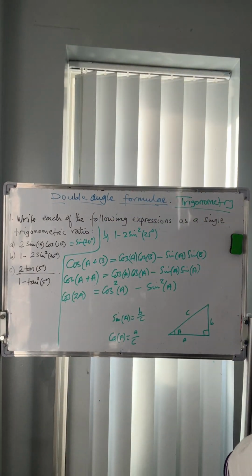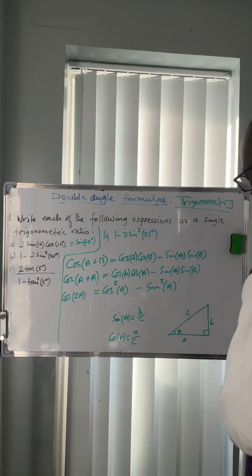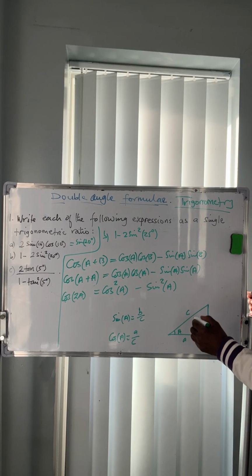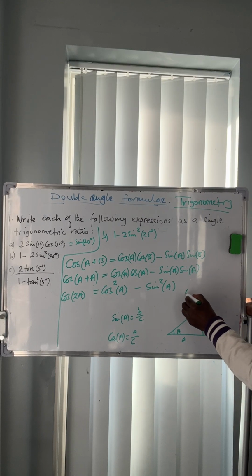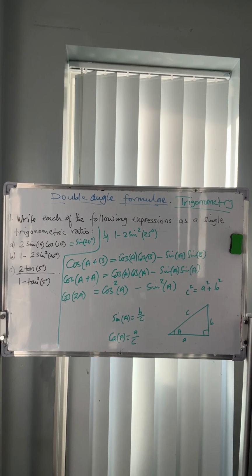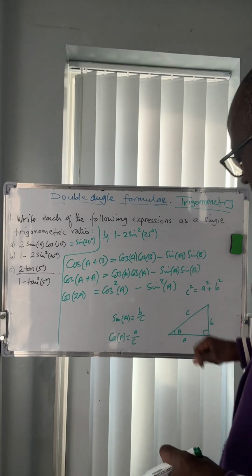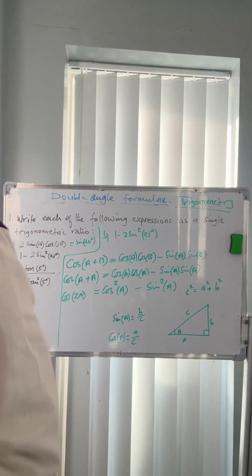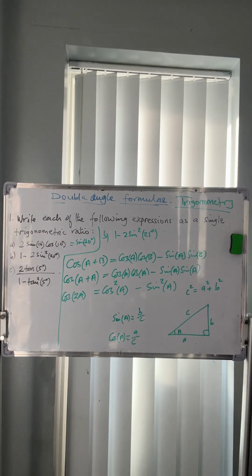We also know that C squared is equal to A squared plus B squared, the hypotenuse, using Pythagoras theorem. These are things we know.